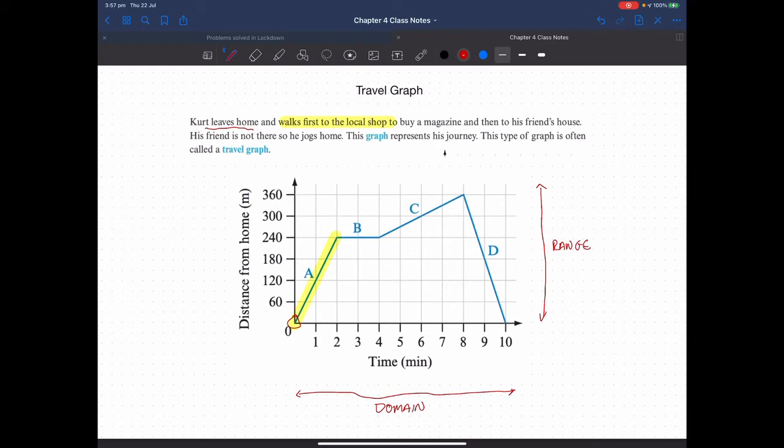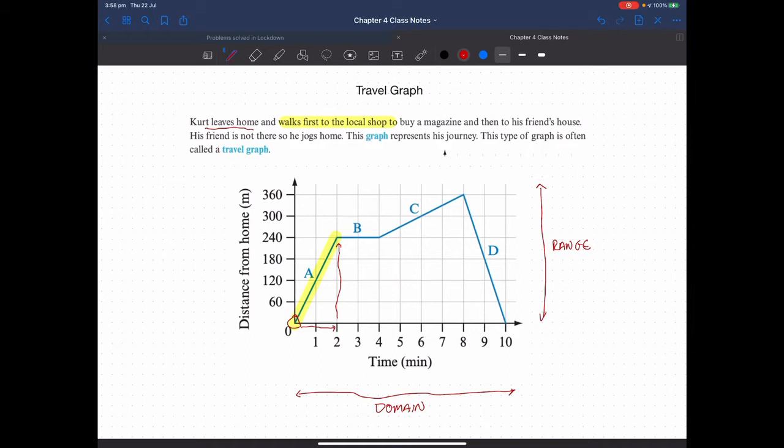We notice that he leaves from home and he travels for 2 minutes and he travels 240 meters. So what does that tell us? It tells us the shop is 240 meters from his house and it took him 2 minutes to get there.